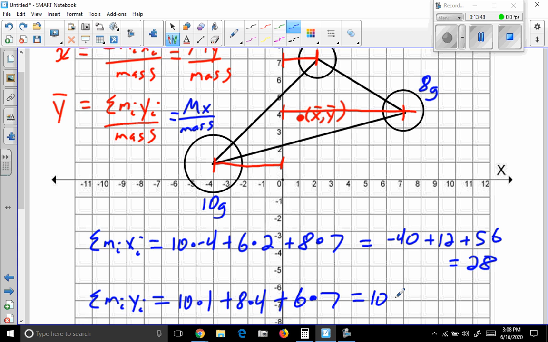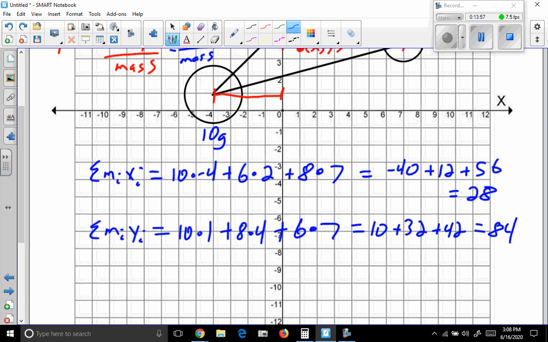So 10 plus 32 plus 42. So that's 42 plus 42 is 84. We need the total mass. So 10 plus 6 plus 8. That's 16, so 24.